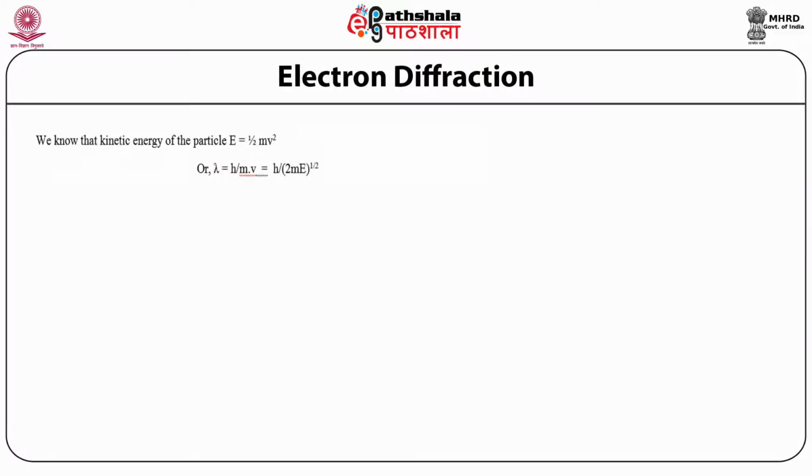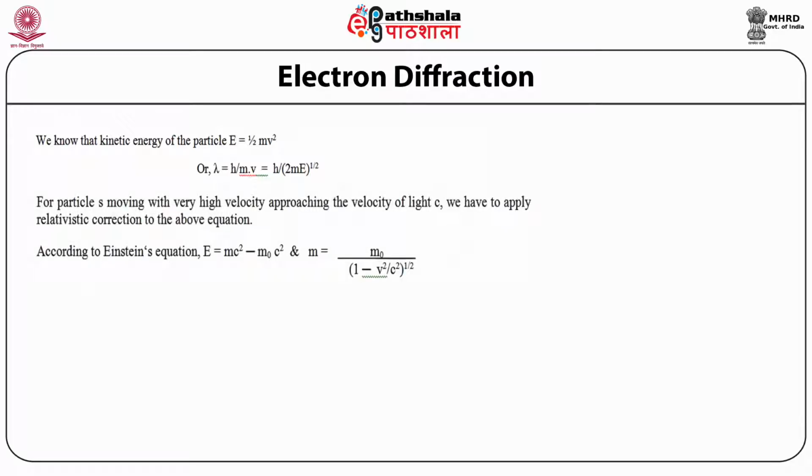We know that the kinetic energy of the particle E is equal to 1/2 mv square, so lambda is equal to h upon mass into velocity, equal to h upon under root of 2mE. For particles moving with very high velocity, approaching the velocity of light c, we have to apply a relativistic correction to the above equation.